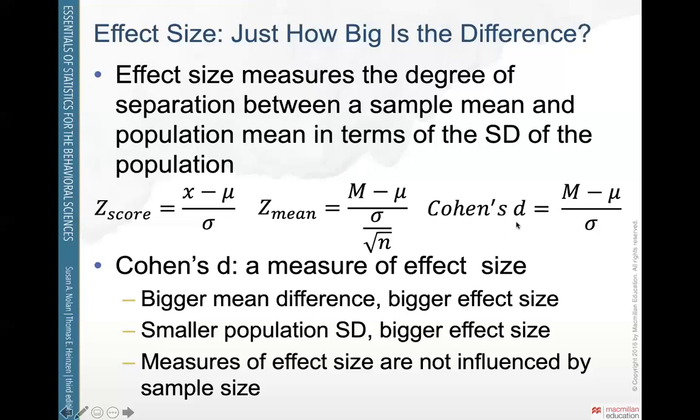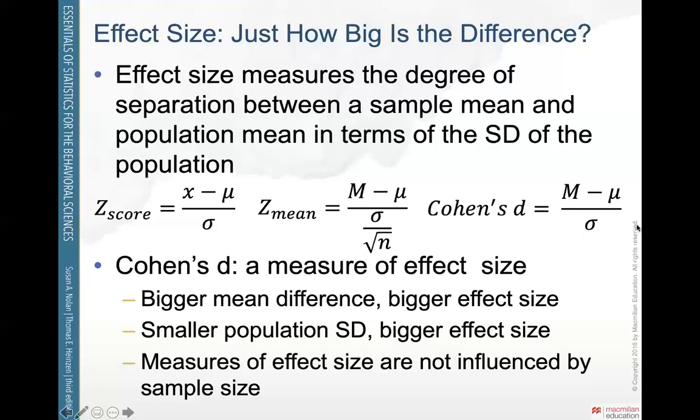But notice how Cohen's d is different. Cohen's d does not have the square root of n in the denominator. So as the sample size increases, it does not affect the denominator at all. For the Z equation, as the sample size increases, it causes the overall standard error to get smaller, which increases the magnitude of Z-mean.